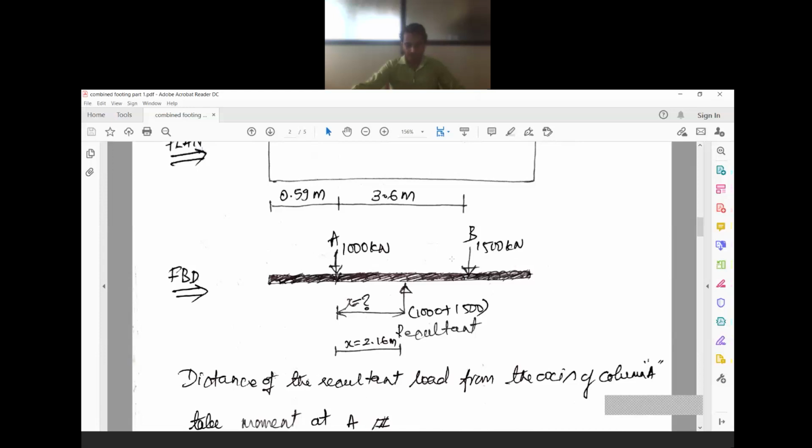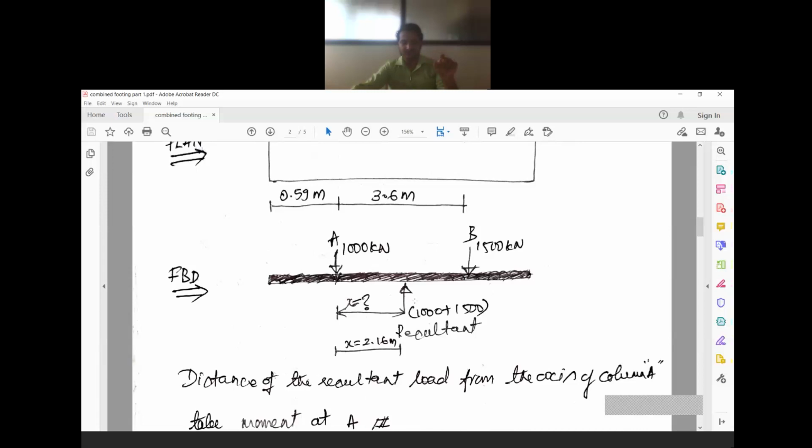For these two loads there will be an equal and opposite reaction, right? So that we call a resultant. This resultant should coincide with the centroid of the foundation. That means this resultant has to be placed on the centroid of the foundation.